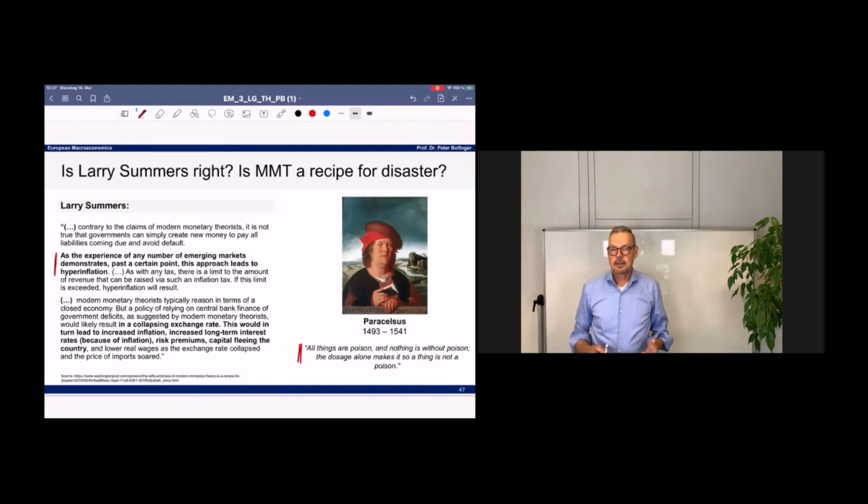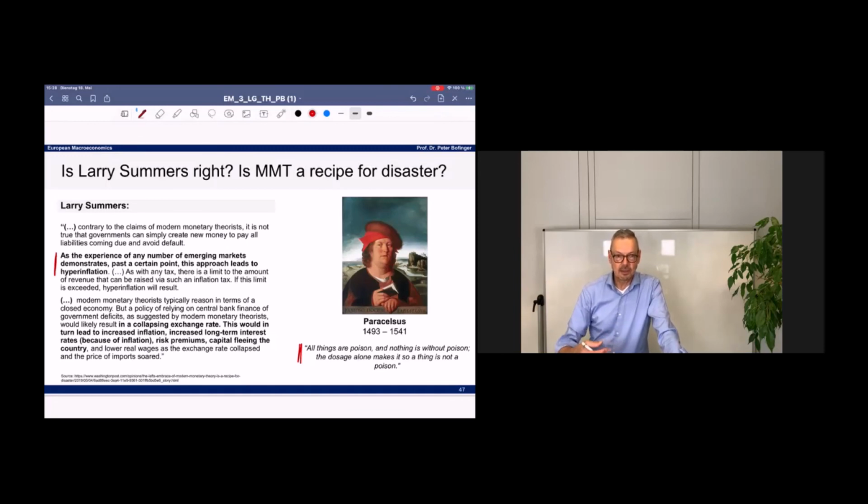I think there's no question that drinking alcohol excessively leads to terrible consequences. And the same applies to fiscal deficits. If you have excessive fiscal deficits, and you finance them with your central bank, then it will lead to a disaster. So the important thing is, it all depends on the right dose.